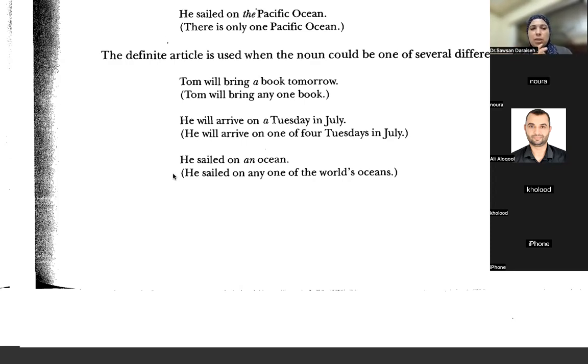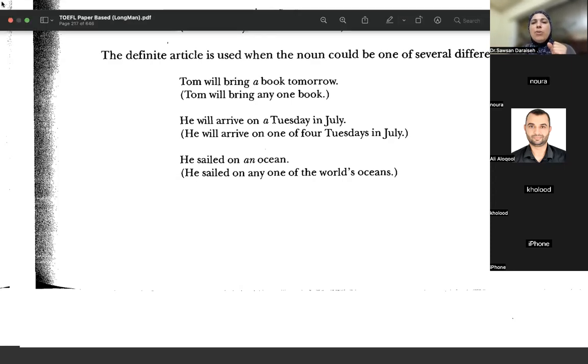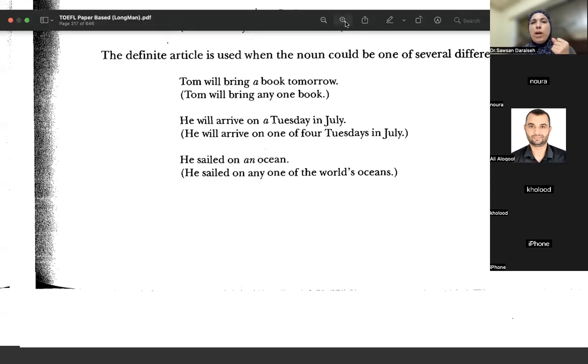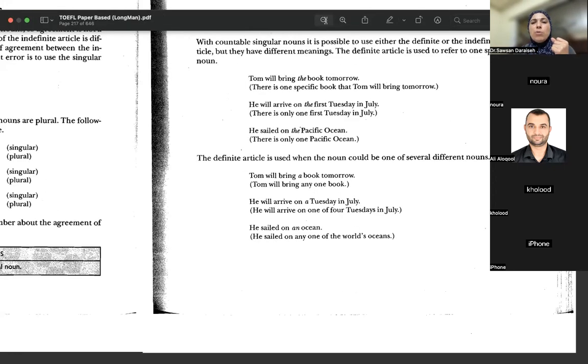The Indian Ocean, Doctora. Anything else besides the Atlantic, the Pacific, the Indian, the Arctic? I don't think so. That's it, right? All right. So see how it could be any of the oceans that we have in the world, right? Yeah. That's what we mean, guys.